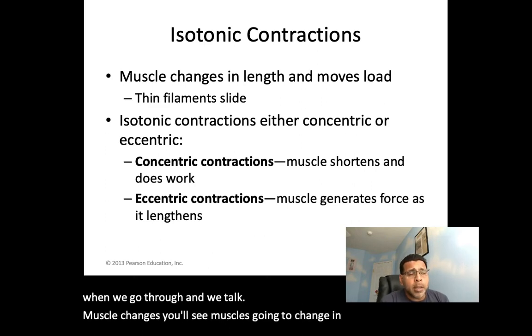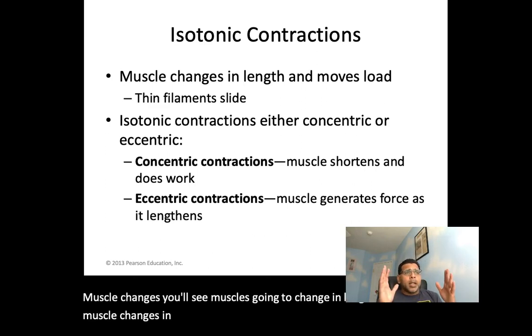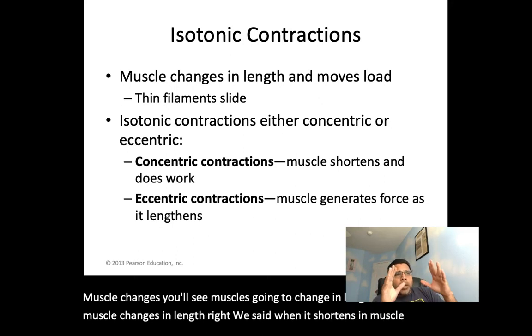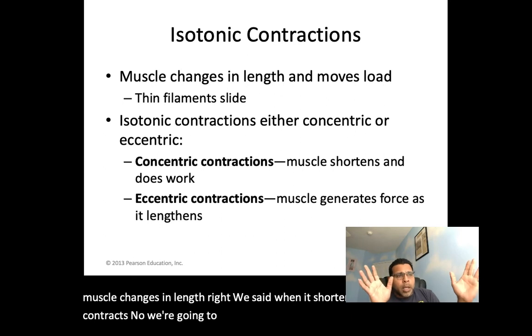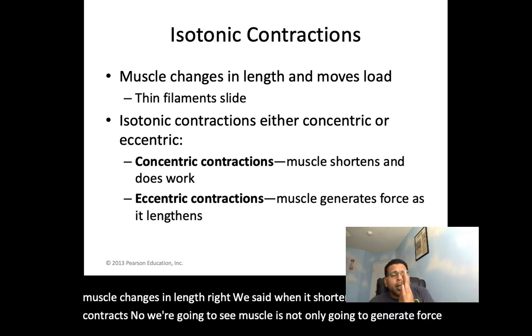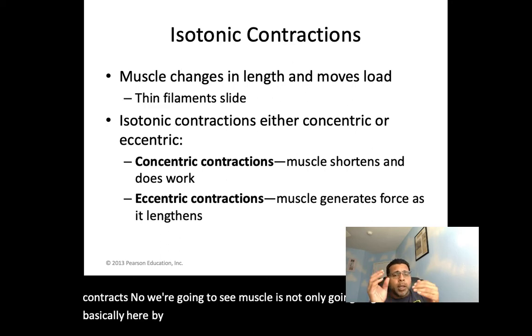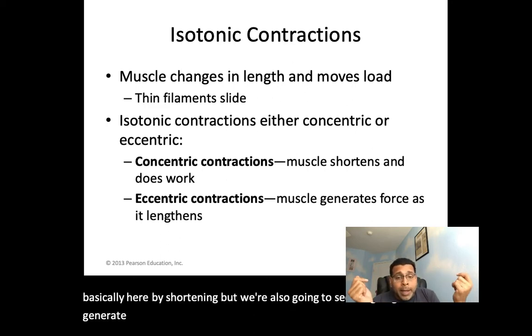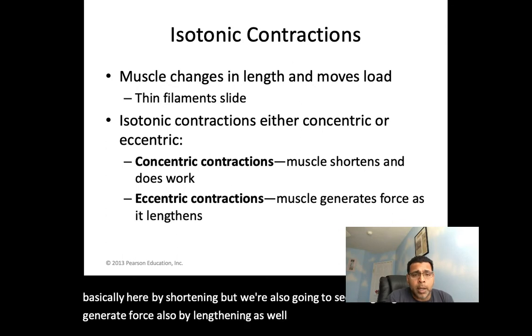And when muscle changes in length, we said when it shortens, muscle contracts. Now, we're going to see muscle is not only going to generate force by shortening, but it's also going to generate force by lengthening as well. So we'll go through and check all that out.